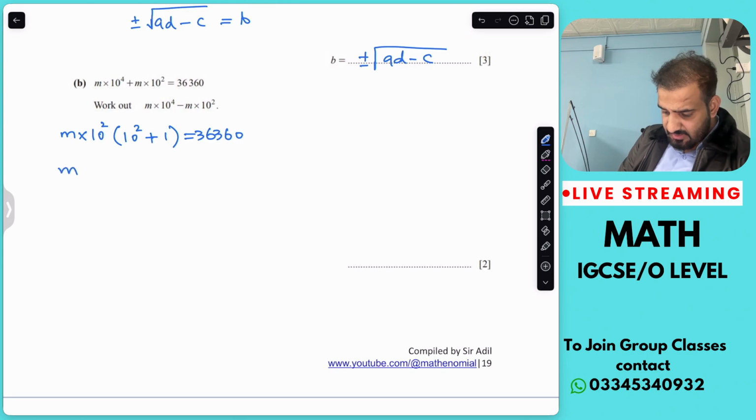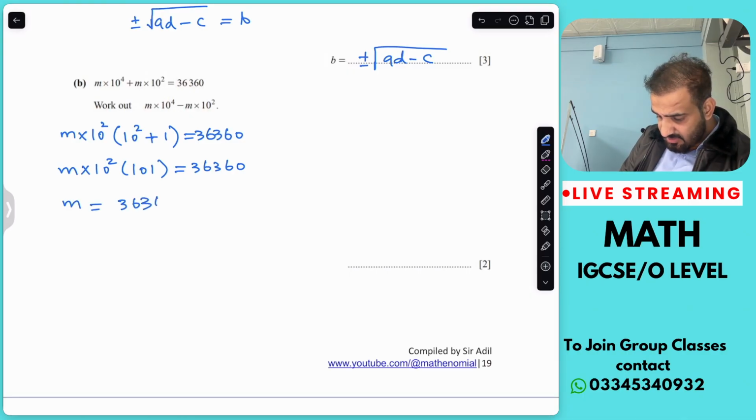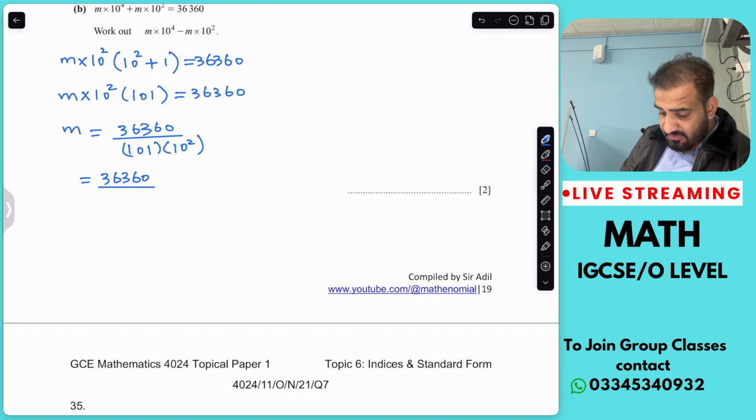So it is M times 10 square into 101 is equal to 36360. Let's divide everything on the right side. So 36360 divided by 101 into 10 square. My question is, can I write? Please keep this in your mind that it is a without calculator paper. So divide carefully, okay?